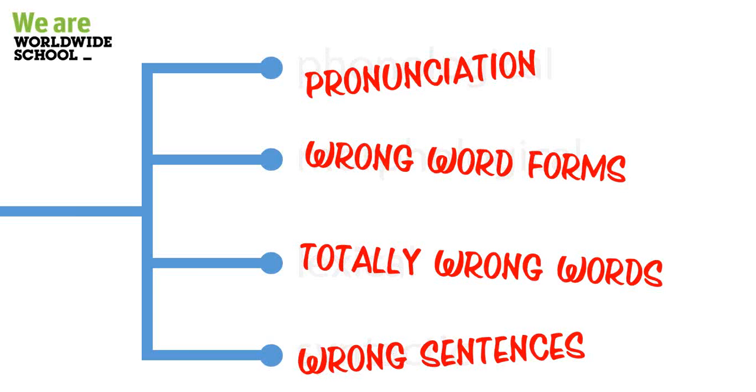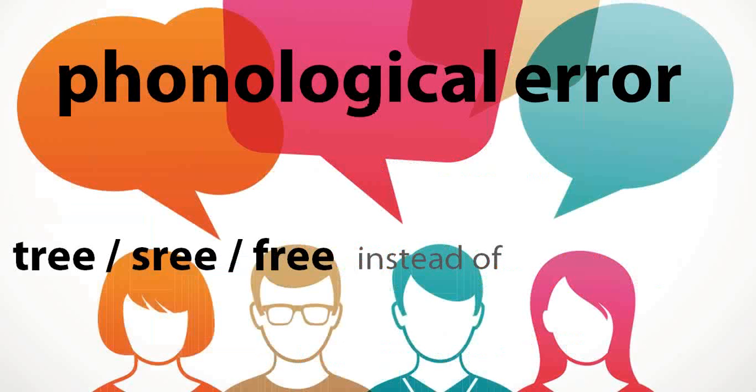So the first type is pronunciation, and here we are, phonological error. We have three wrong forms here on the left side, which are "tree," "sri," and "free," instead of what? Now, I encourage you to use the question box again to type in your answer. What kind of word should actually be put here?